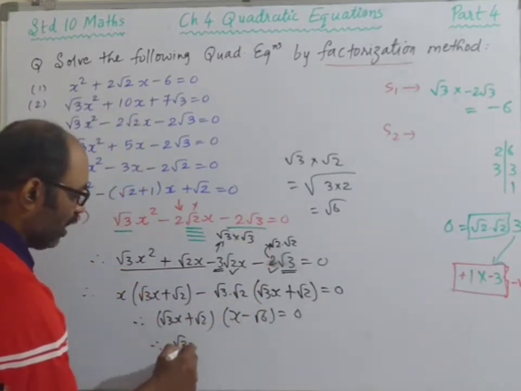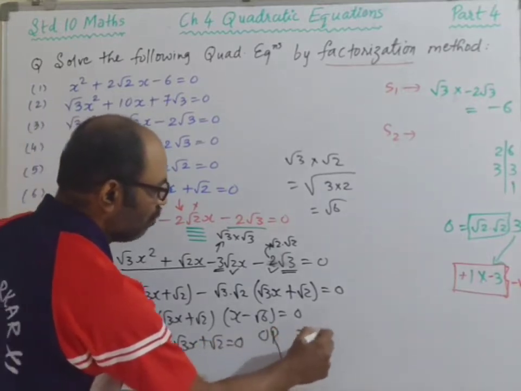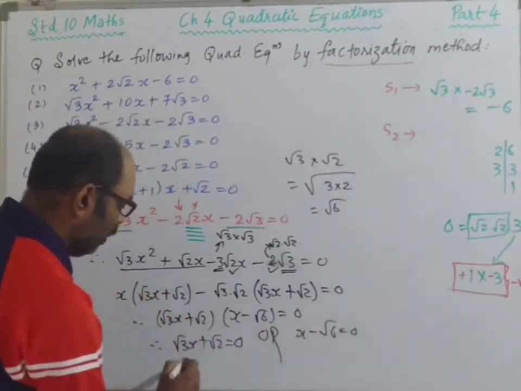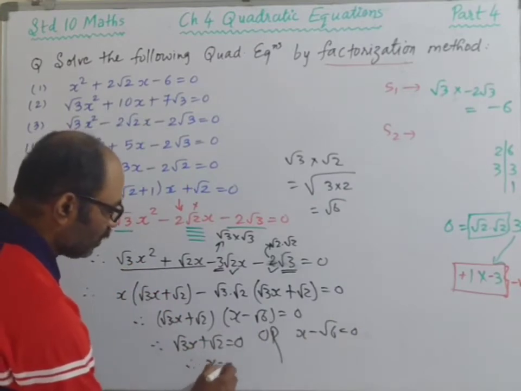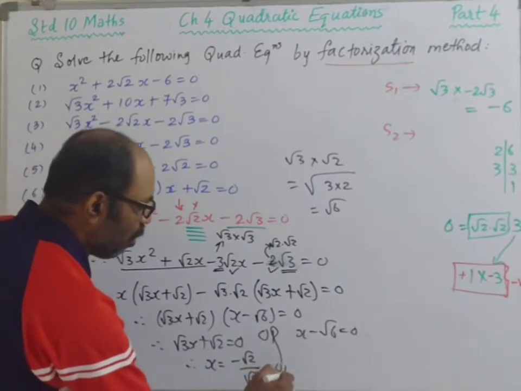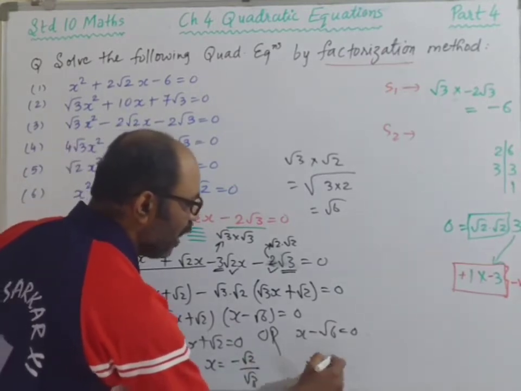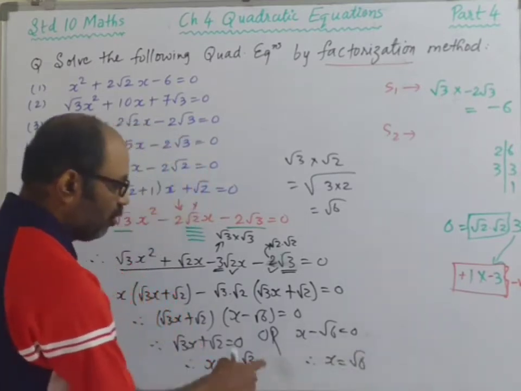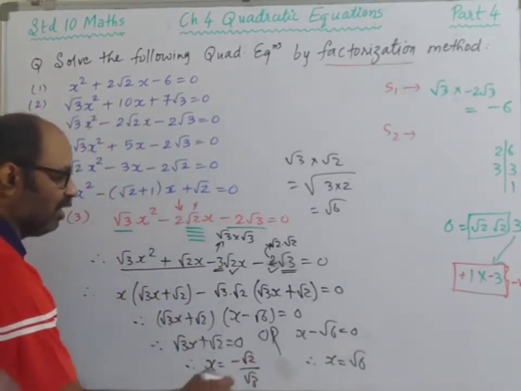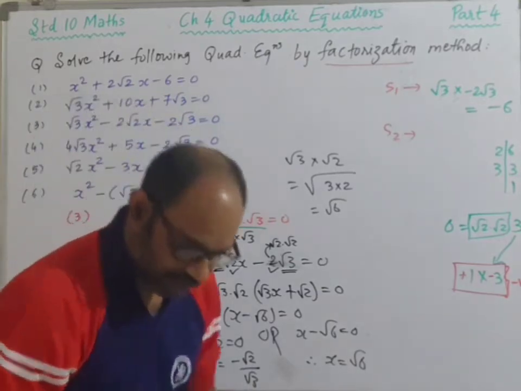Therefore, root 3x plus root 2 equal to 0 or x minus root 6 equal to 0. This gives me x is equal to minus root 2 upon root 3 or this gives me x is equal to root 6. If you want to rationalize this, do it. Multiply and divide by root 3. Or you can keep the answer like this.